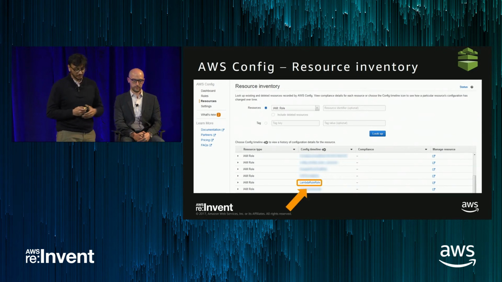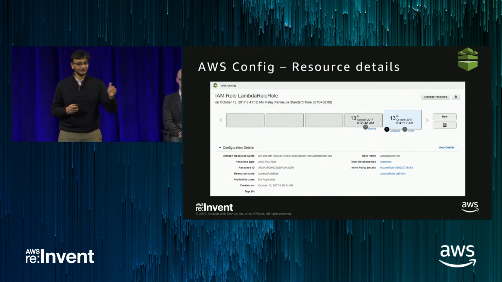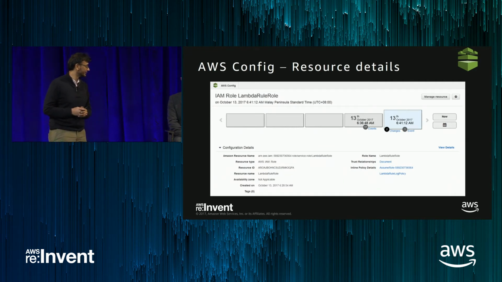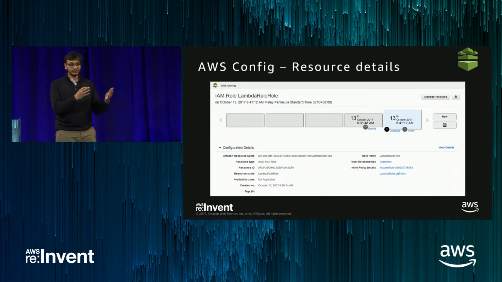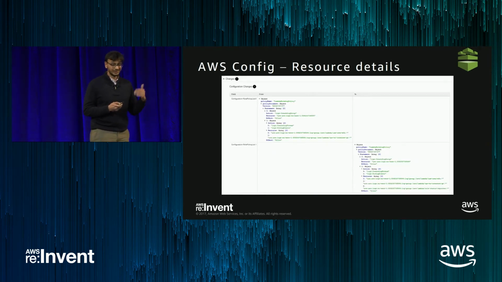It's called the Lambda rule role. And if I click on the Lambda rule role, it's a tongue twister, isn't it? You can see that it's monitoring the policy associated with this role and then how it changes. And this data doesn't get deleted, right? So you can go back historically and view what these policies look like at any point in time, but you can also get information about when it changes.